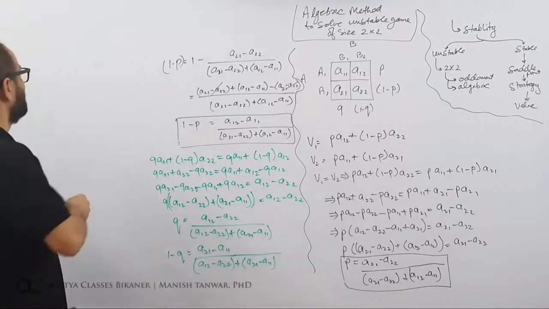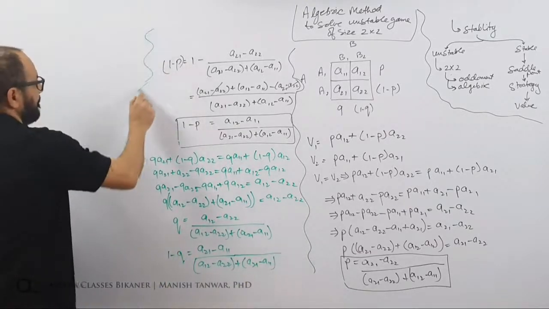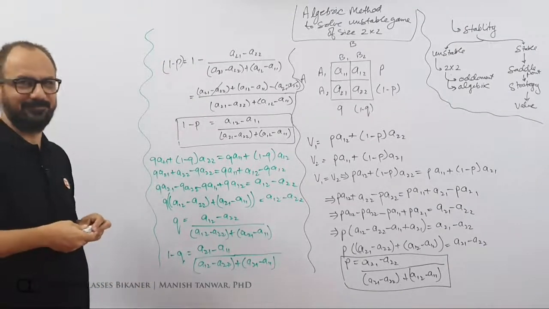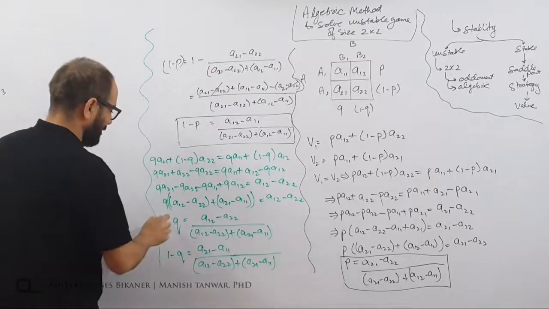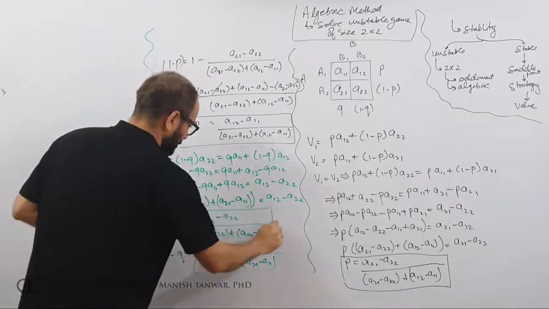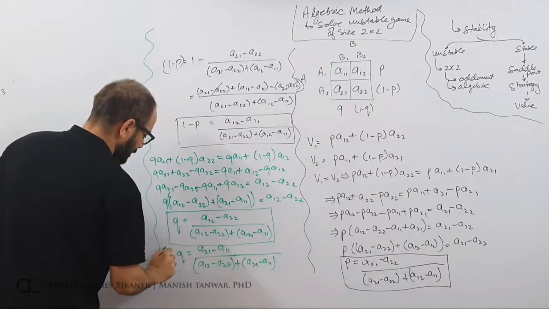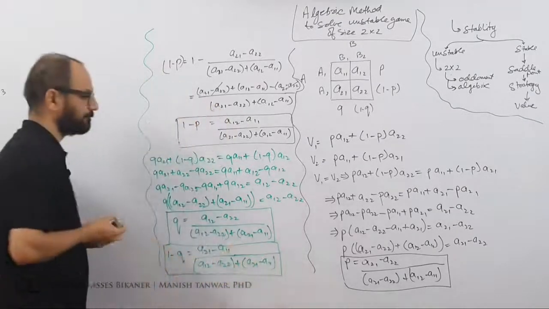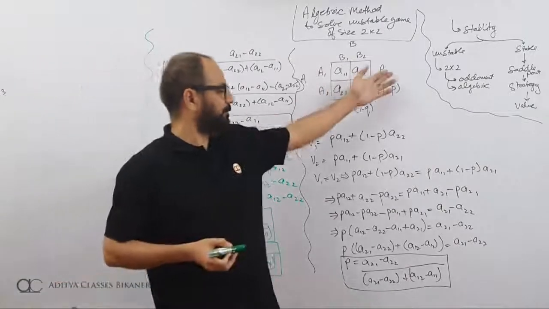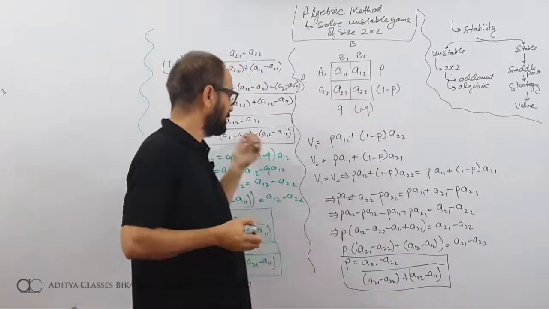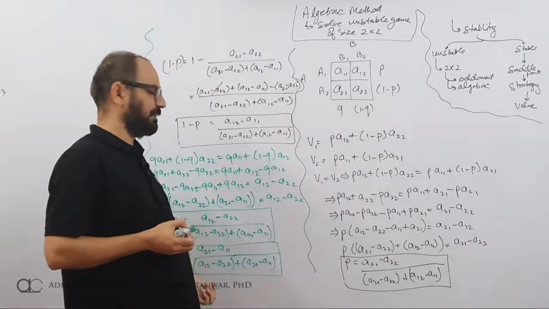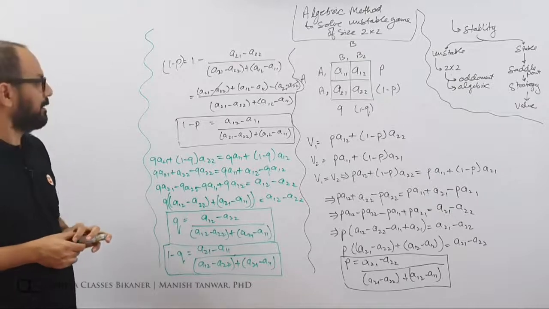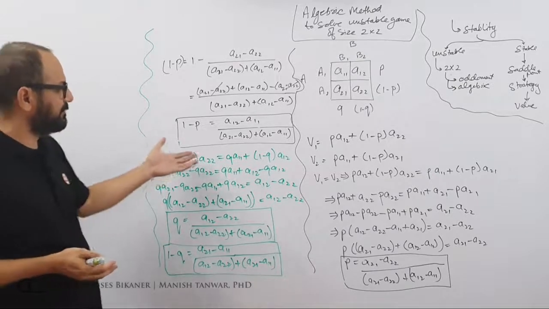Now this is our algebraic method. Here is the value of Q and here is the value of 1 minus Q. So you can find out P using this, 1 minus P using this, Q using these, and 1 minus Q. Now, this was the derivation of these formulae.